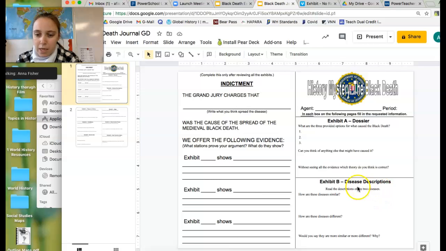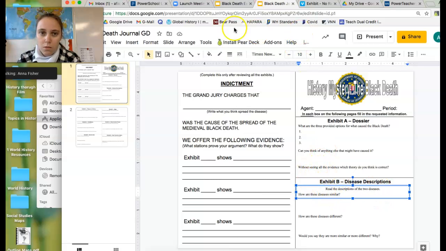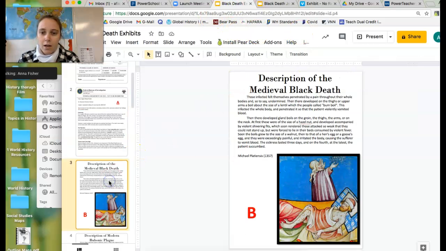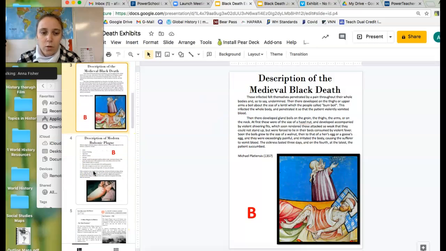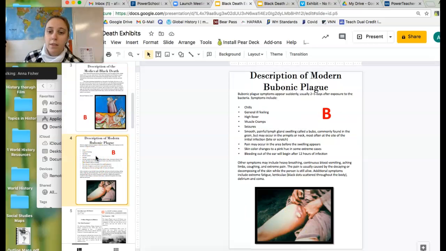Moving on to B. So, if you go and you look at options B, there's two of them. One of them is a description of the medieval Black Death, and then this is a description of modern bubonic plague. Fun thing, plagues still exist.